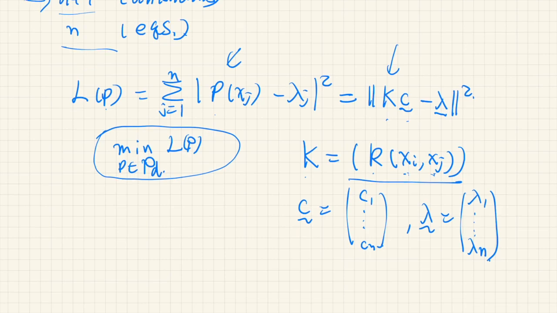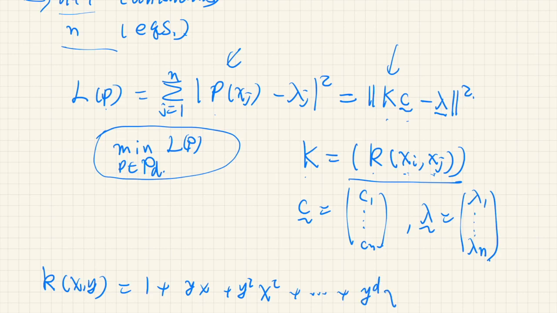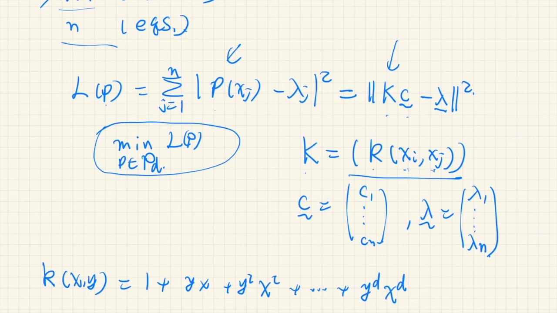It turns out that our kernel function should be of this form: K(x, y) = 1 + yx + y²x² + and so on, up to y^d x^d. And as usual, we write this bivariate function k(x, y) as a parameterized univariate function k_y(x).